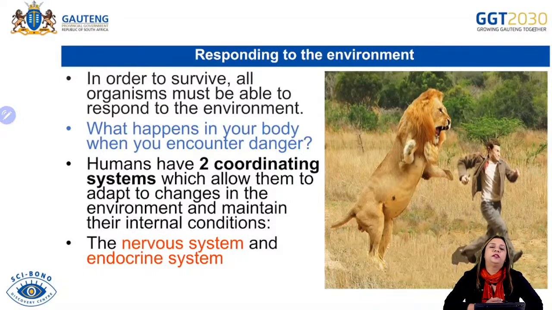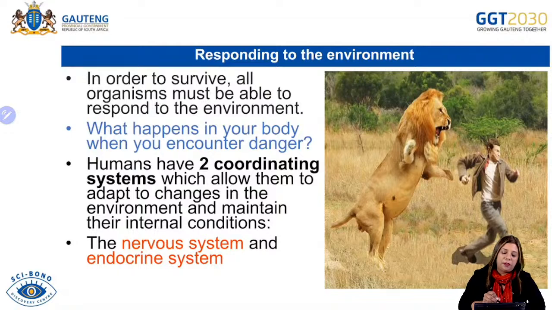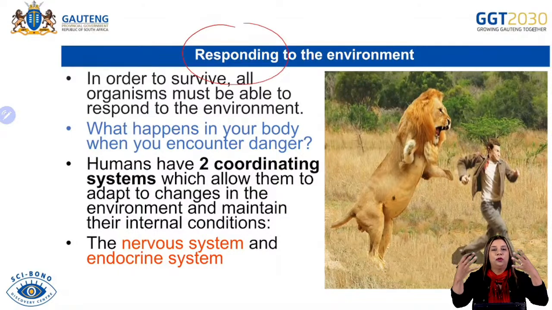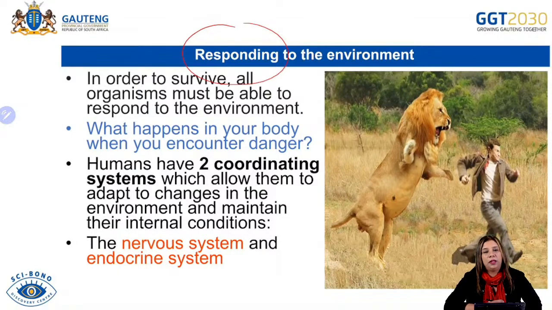Now, when we talk about responding to the environment, as you can see from the word itself, responding is like how you react, okay, to the environment. So in order to survive, all organisms must be able to respond to the environment. What happens to your body when you encounter danger?